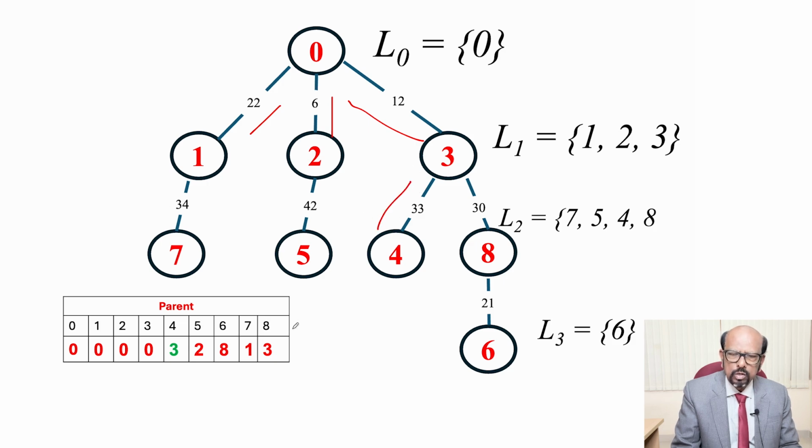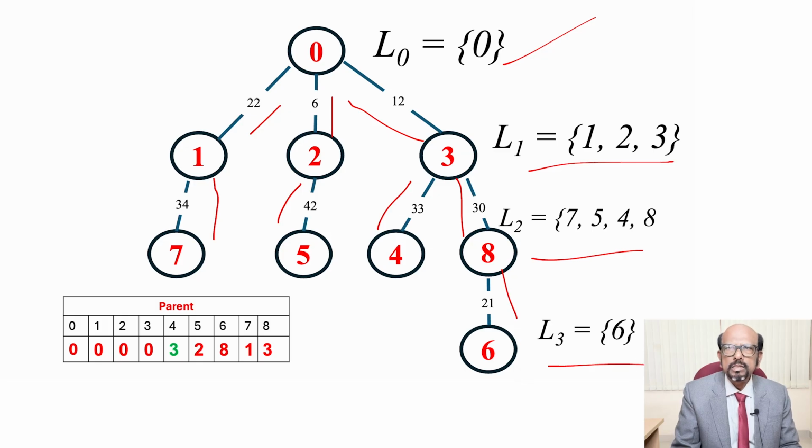For 5, 2 is the parent. For 6, 8 is the parent. For 7, 1 is the parent. For 8, 3 is the parent. So in level 0, only 0. Level 1, 1, 2, 3. In level 2, 7, 5, 4, 8. And for level 3, it is 6.